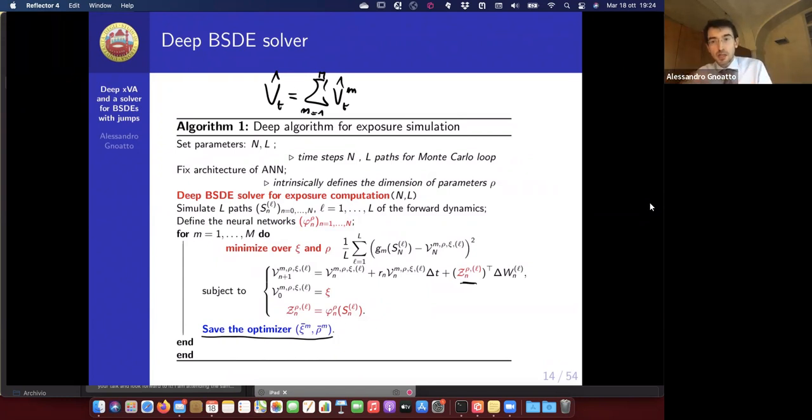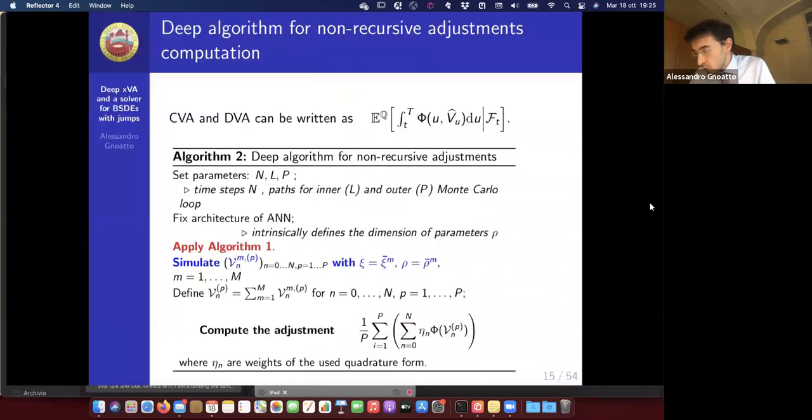We will simulate trajectories of our BSDE as if it was just a standard process that you simulate in the context of a Monte Carlo simulation. So we first run the algorithm on each BSDE and we store the optimizer, and what we have here is just a discretized version of this system. Once we have the simulation of our BSDE parameterized in terms of neural networks, we can compute CVA and DVA directly, and this is the topic of algorithm 2.